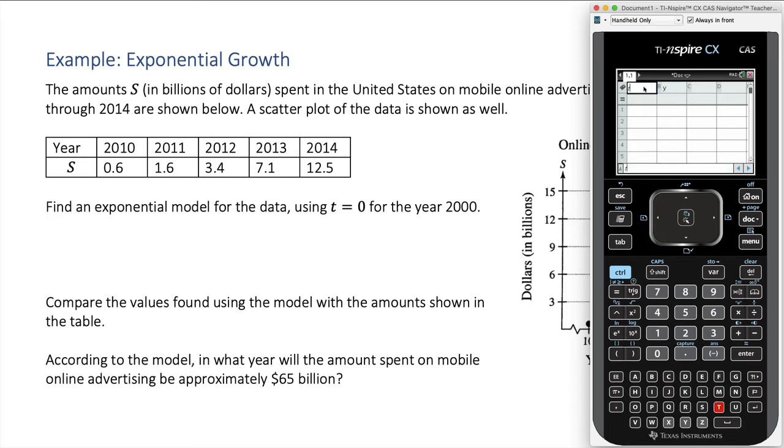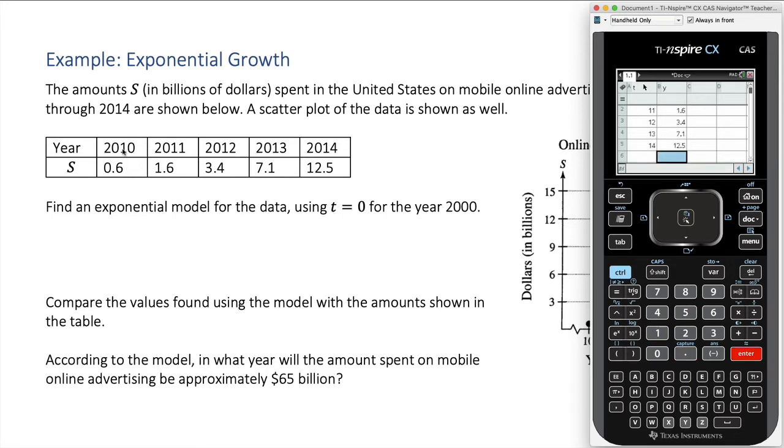So when T is 0 we've got 2000, so 2010 will be T equals 10. So we've got 10, 11, 12, 13, and 14. And then we've got our S values, the amount spent: 0.6, 1.6, 3.4, 7.1, and 12.5.